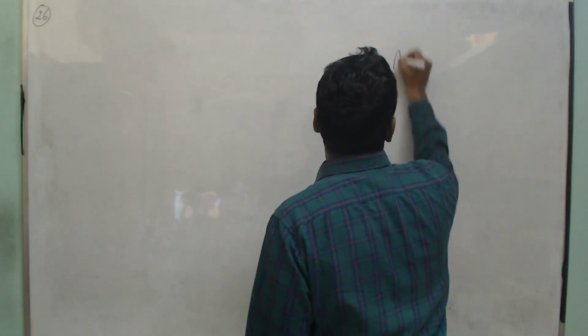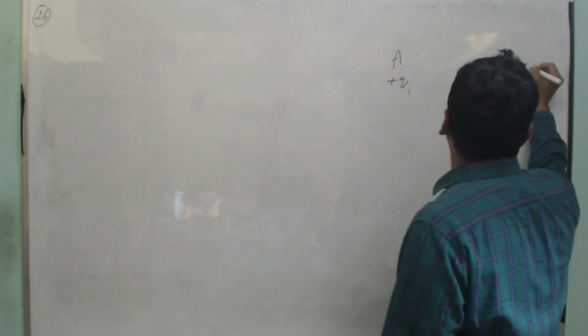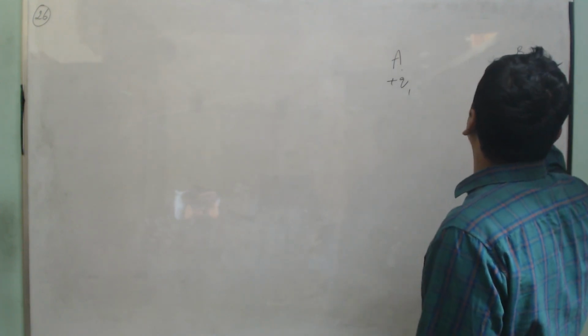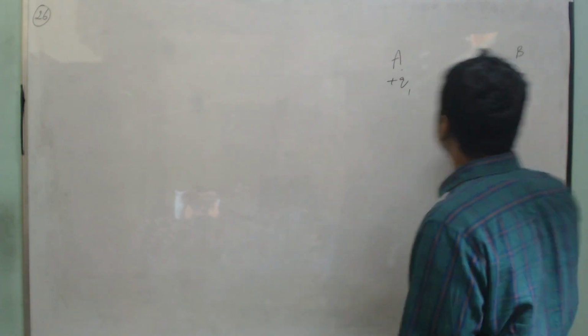Let us say at point A we have a positive charge plus Q1, and at point B we have a negative charge minus Q2.